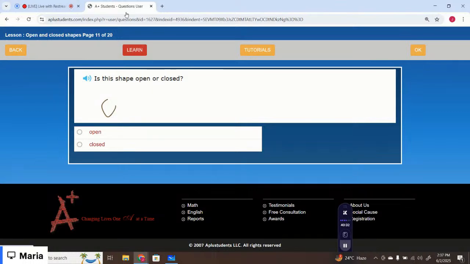Is this shape open or closed? Open it is.